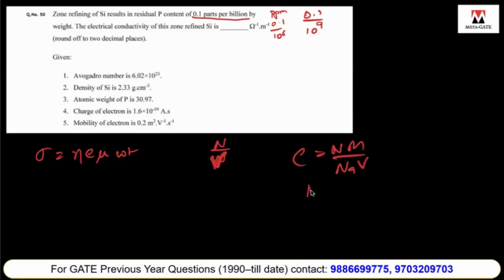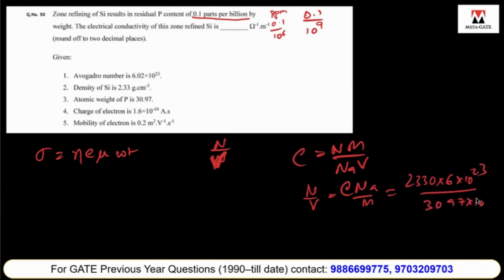So N by V is equal to rho Na by M, which is equal to 2.3. You can convert this into kg. So 2330 into 6 into 10 power 23 by, as it is in grams, 30.97 into 10 power minus 3. So total will be coming to 4.53 into 10 power 28.